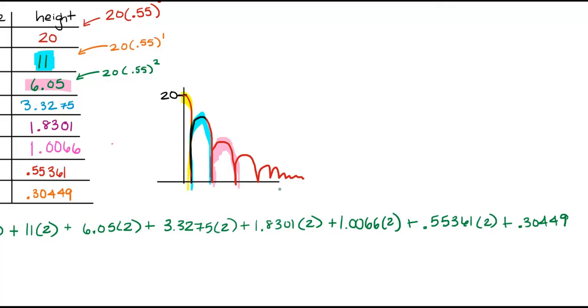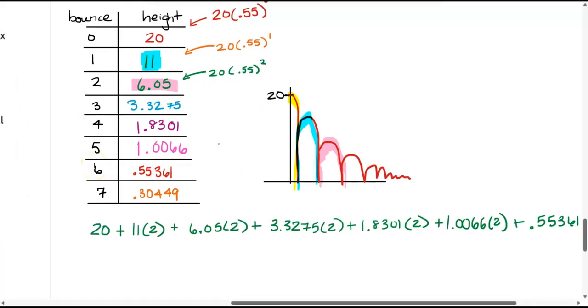Now that amount right there, that 0.30449, I'm not going to add the 0.30449. And the reason that I'm not adding that is because that's the part that we're stopping, because that was that last bounce.